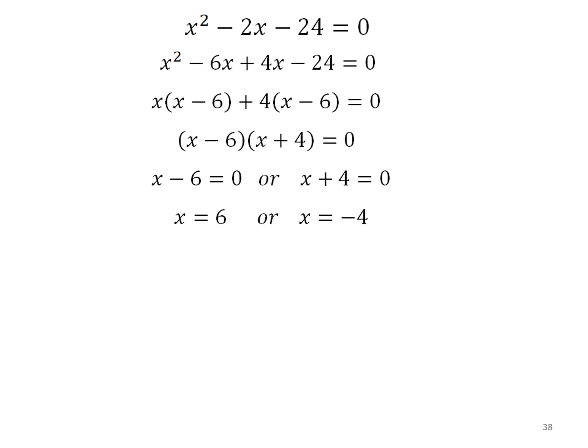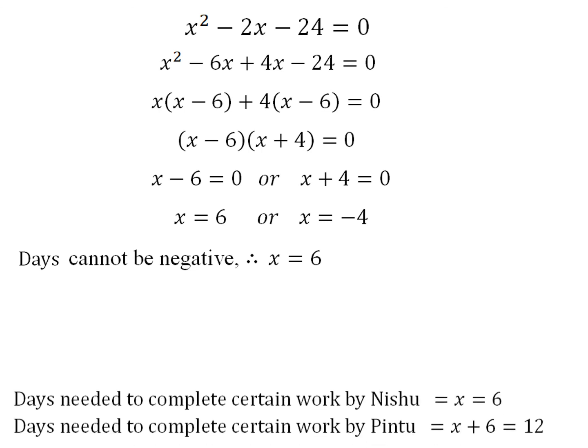We have taken x as number of days. Days cannot be negative, and therefore the value of x is equal to 6. Now we shall find out the number of days needed by Nishu and Pintu.